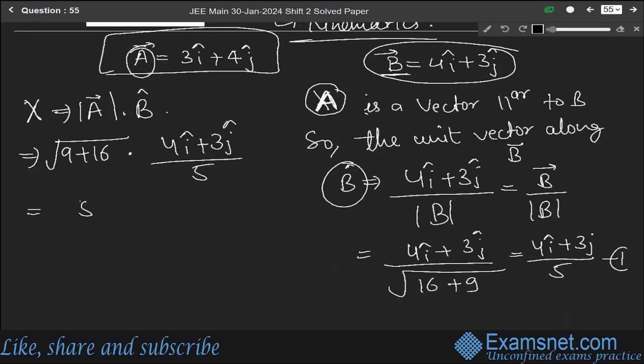So it will be equal to 5 into 4 i cap plus 3 j cap over 5. So this 5 cancels out. So X will be 4 i cap plus 3 j cap.